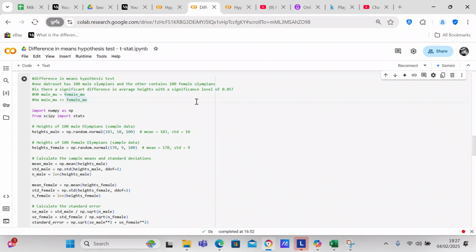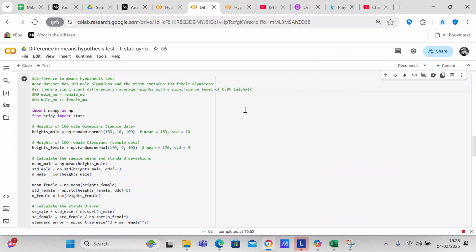And one data set has 100 male Olympians and the other contains 100 female Olympians. And they want to know, is there a significant difference in average height with a significance level of 0.05, and your significance level is also your alpha.